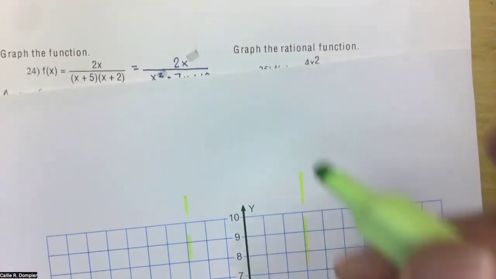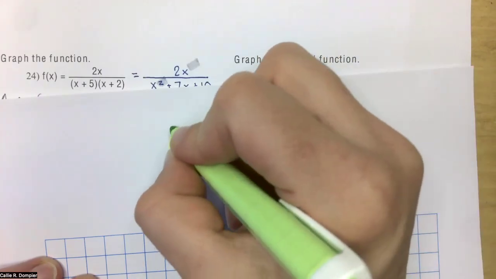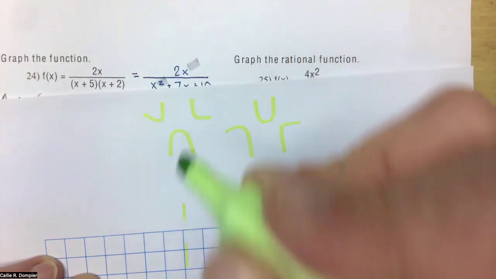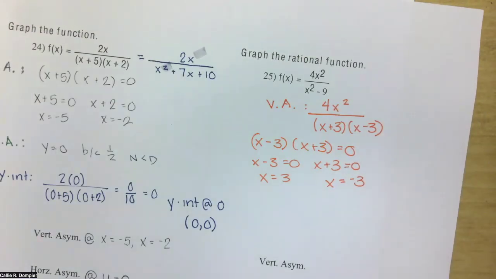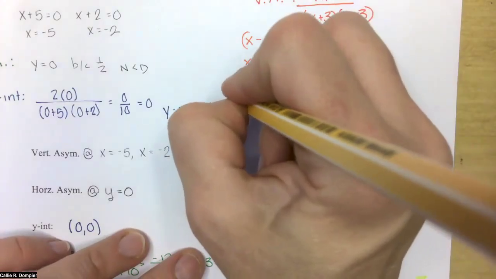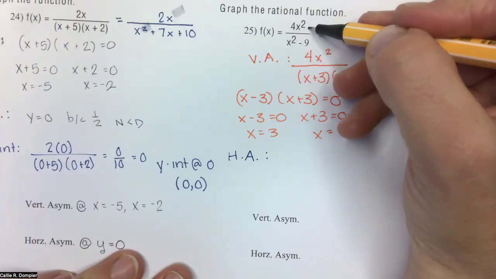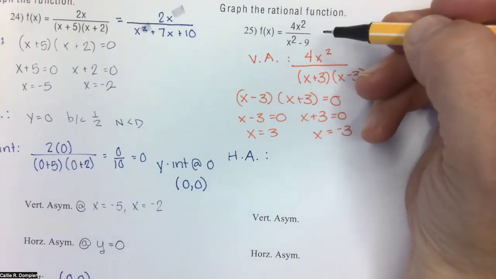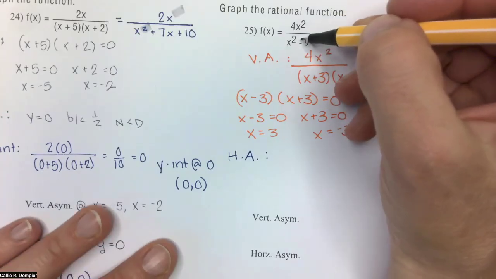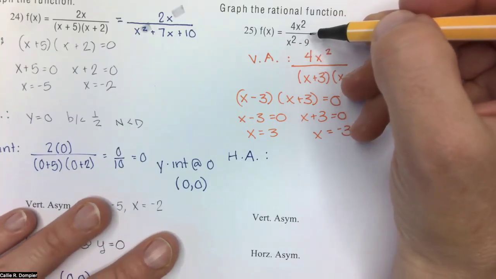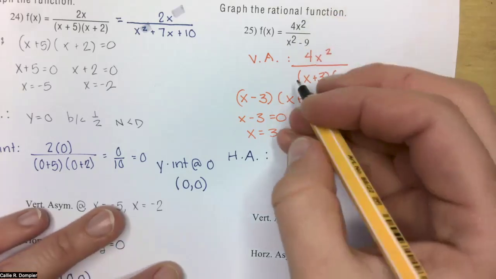So again, we're probably dealing with either up, down, down, or down, up, up, if we have a horizontal asymptote. So for our horizontal asymptote, we're going to compare the degree of the two, the numerator and the denominator, right? If the degree is the same, then we take a ratio of the leading coefficients.